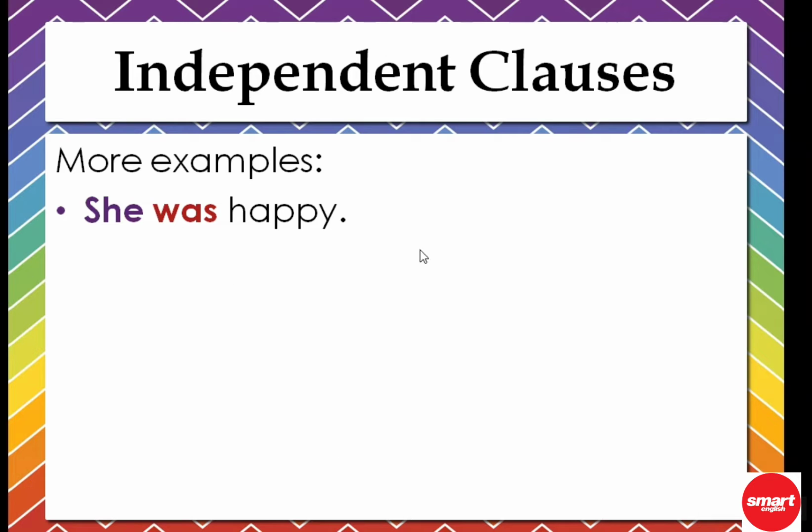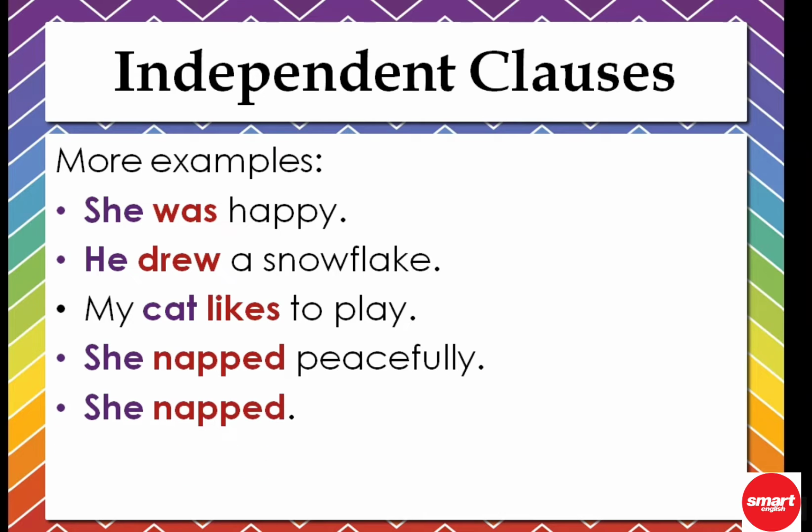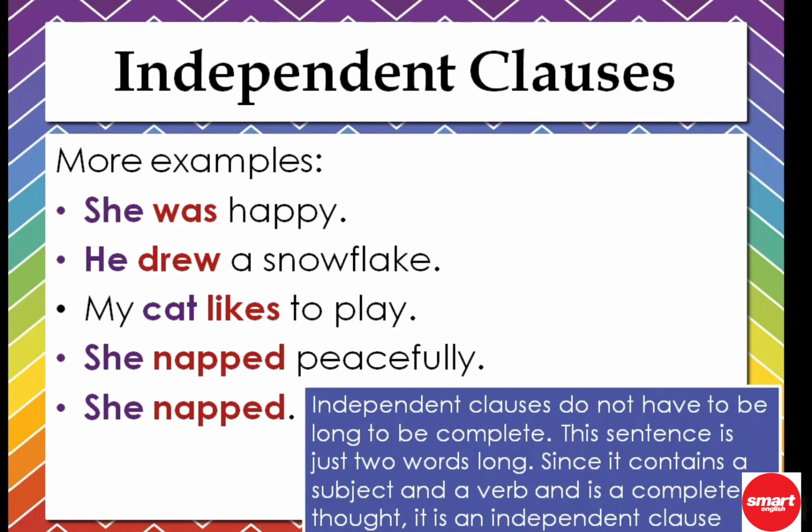She is the subject, was is the verb. He drew a snowflake. My cat likes to play. Independent clauses don't have to be long to be complete. This sentence is just two words long: she napped. Since it contains a subject and a verb and is a complete thought, it is an independent clause.